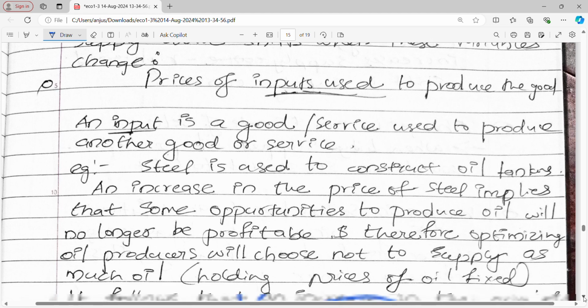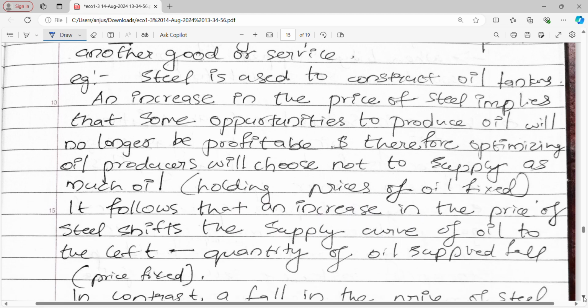Okay. So the example in the textbook, steel is used to construct oil tankers. An increase in the price of steel implies that some opportunities to produce oil will no longer be profitable.